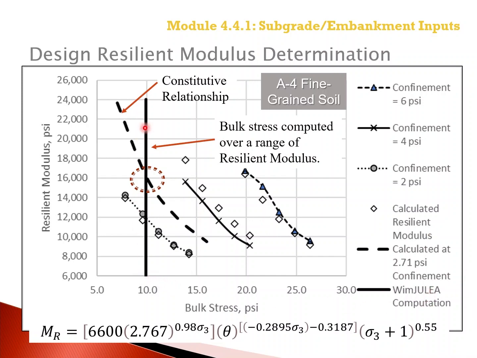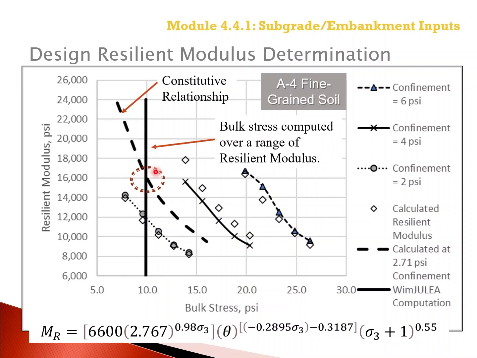So how this line is determined is to vary the resilient modulus of the subgrade soil through the elastic layer program and calculate the total bulk stress, which would include the bulk stress from the wheel loads superimposed with the at-rest bulk stress. And this solid line shows that relationship.